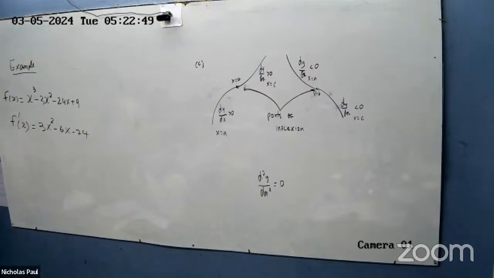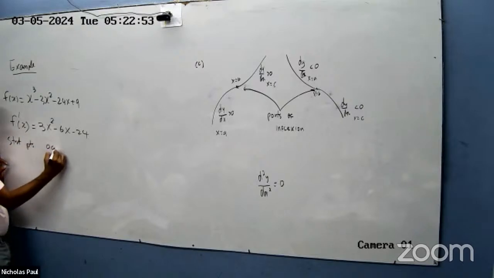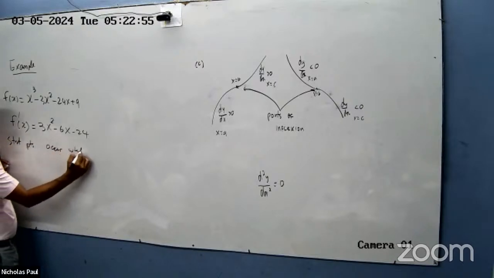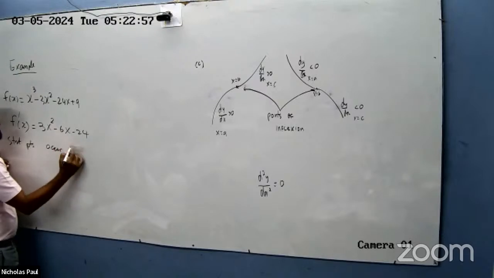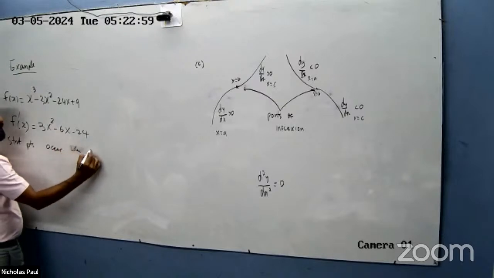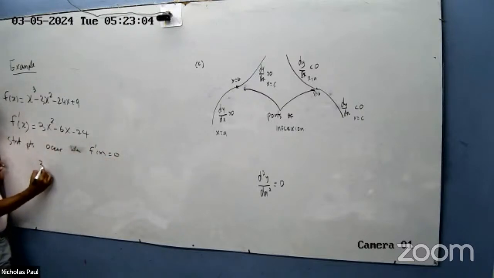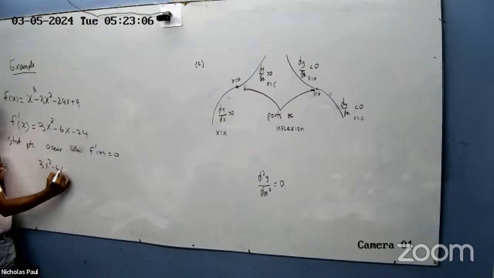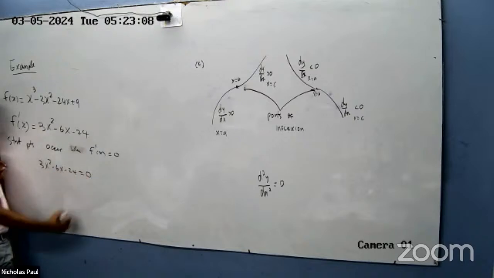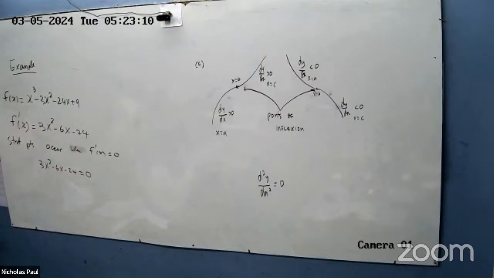And the second thing we do is we say that stationary points occur when dy/dx, the first differential, is 0. So make this equal to 0 and then solve for x.